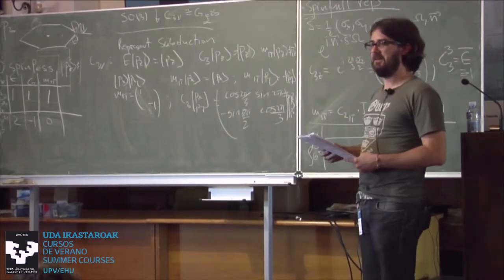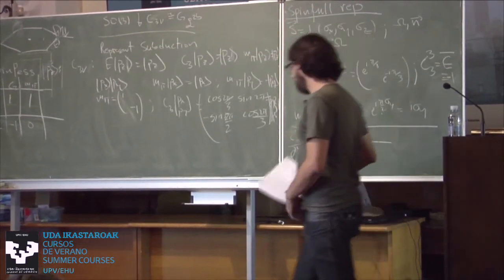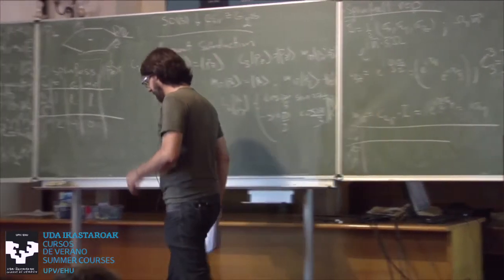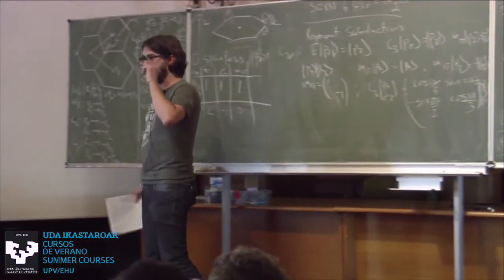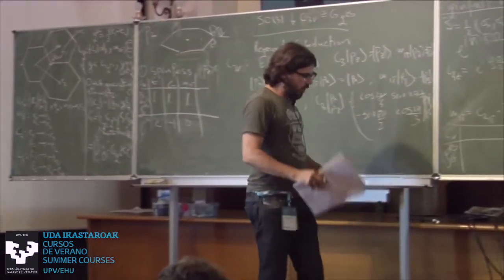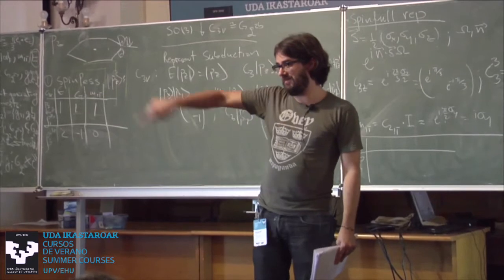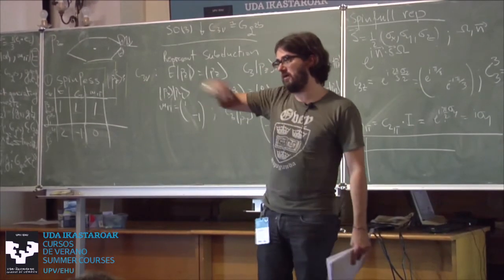Yes? Why doesn't the inversion act on the spin? So inversion is a purely spatial symmetry that takes all the coordinates to minus themselves. What acts on spin are rotations. Okay, so C2 rotations act on spin.